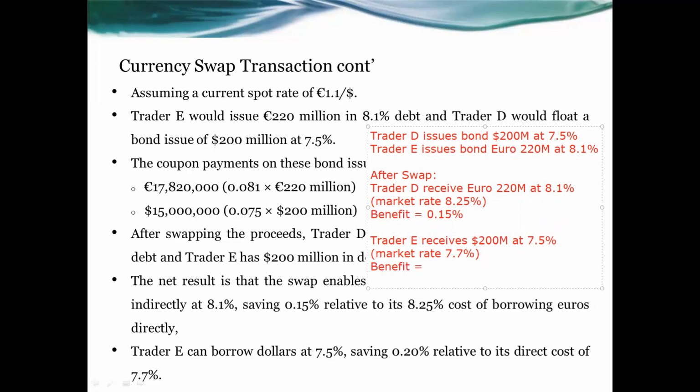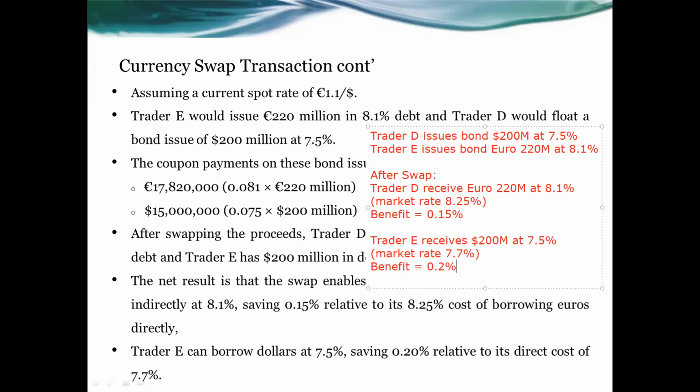Benefit equals 0.2%. You see? So initially you imagine, you consider that on what basis trader E is going for issuing euro at the highest interest rate rather than going for issuing a dollar bond at a 7.7% interest rate.